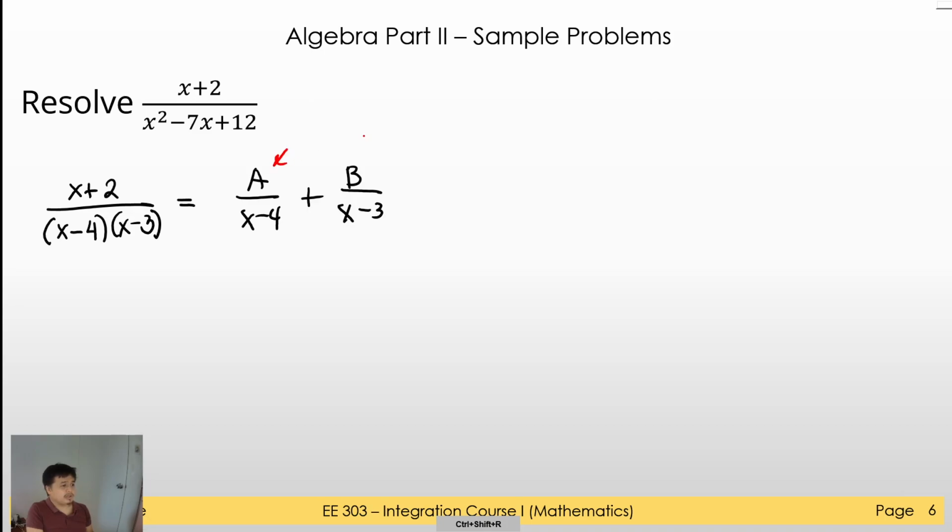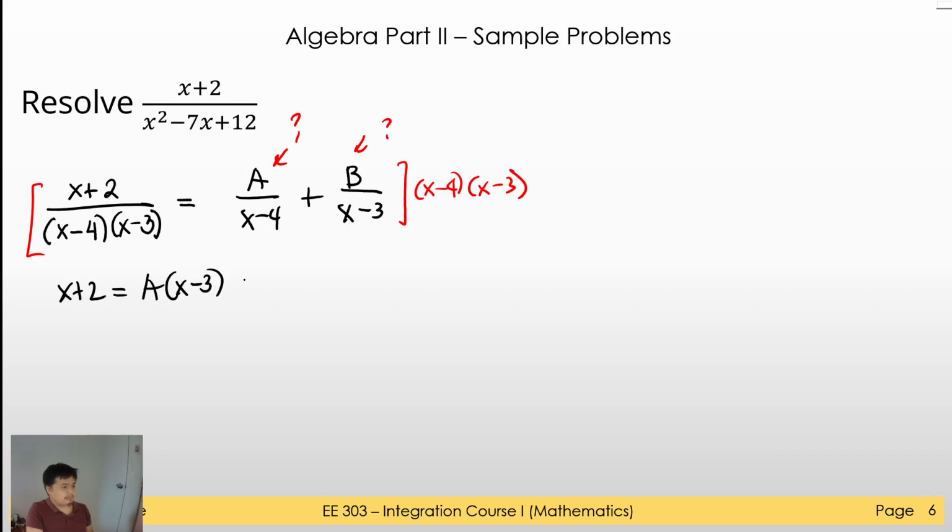So we're basically looking for A and B. So how do we solve for A and B? Simplify this by multiplying both sides by (x minus 4)(x minus 3). So the resulting equation will be x plus 2 is equal to A(x minus 3) plus B(x minus 4).